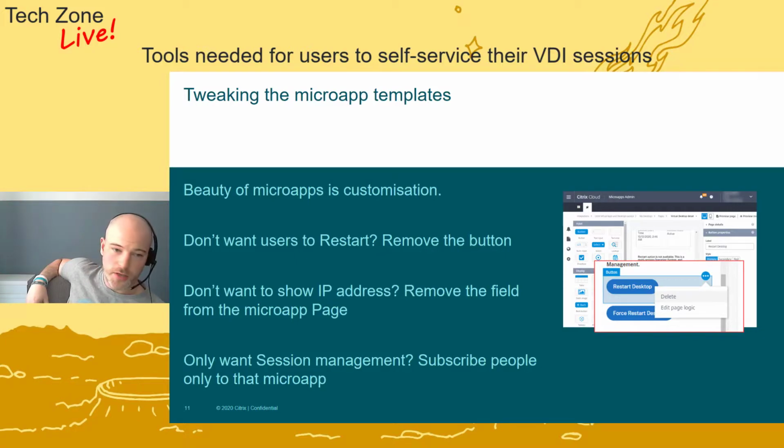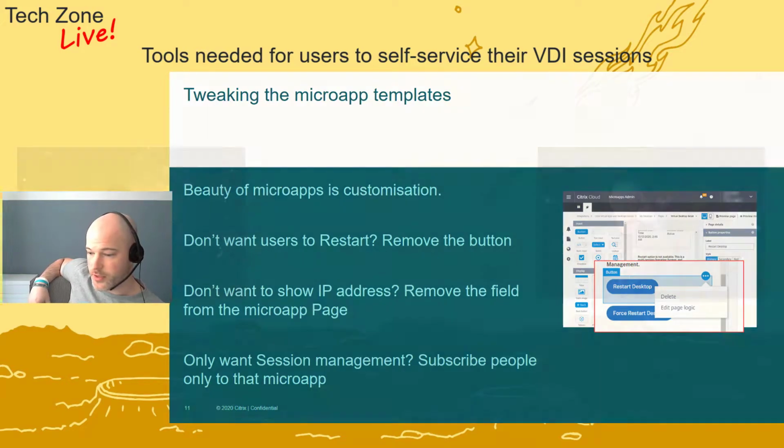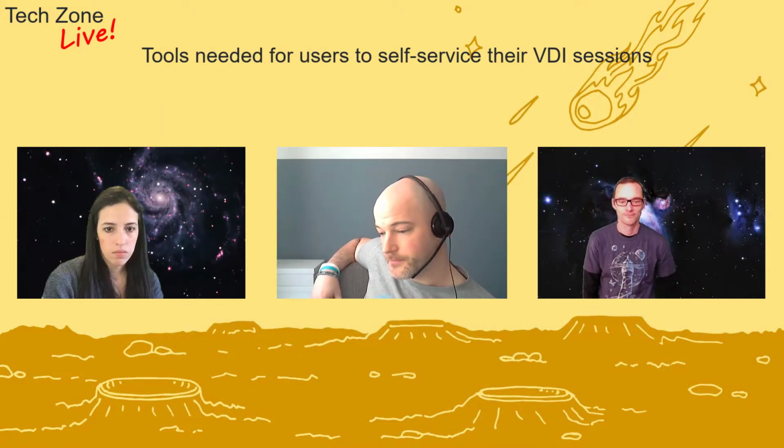And the same thing if you don't want to show the IP address of the machine, you can remove that field in the page builder. You might only want to expose session management, so you can choose to only subscribe people to that microapp. So there's a lot of flexibility, and I'm really looking forward to seeing what people can build with this now that it's released.